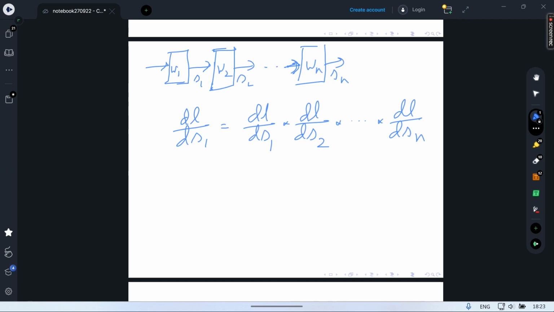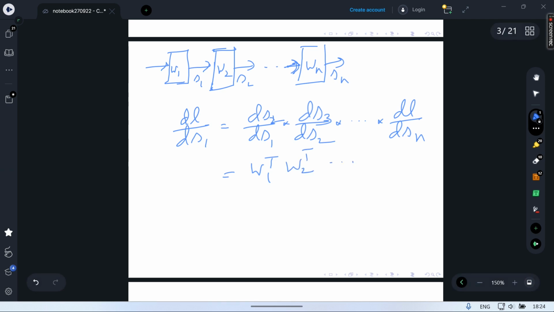Then what will this expression reduce to? It will be equal to dL/dSn and so on, with dS2/dS1 being nothing but W1 transpose, and then W2 transpose.